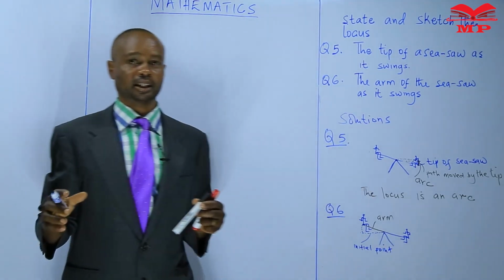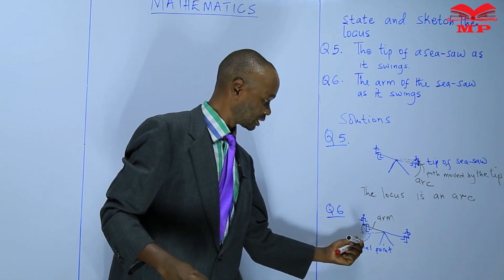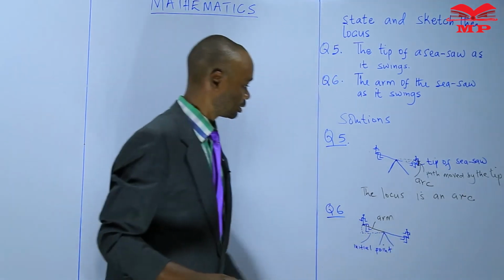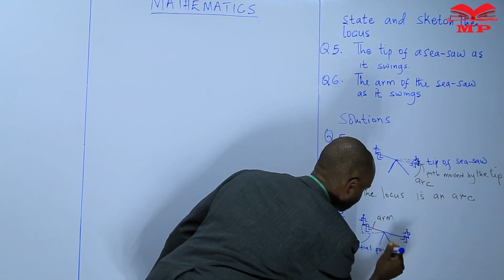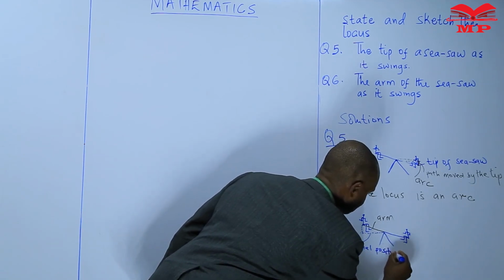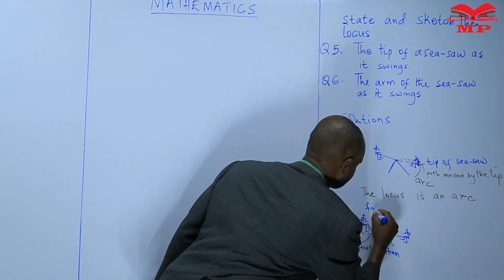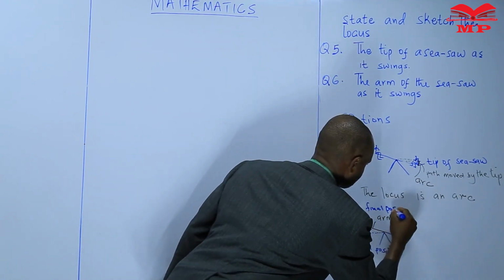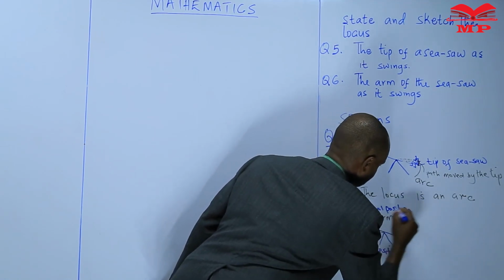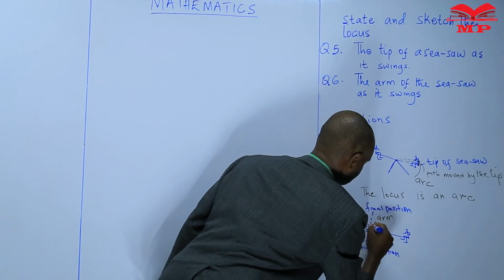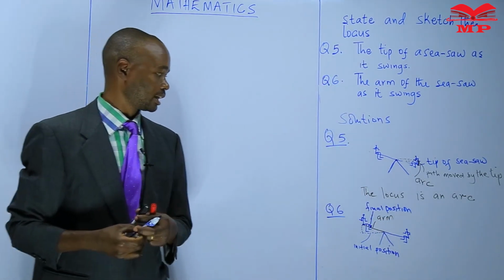If you look at the diagram, we have the initial point of the arm, the initial position. And here it is the final position. So that is the final position of that arm.